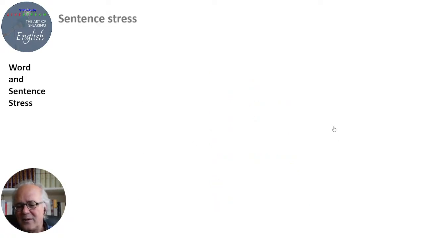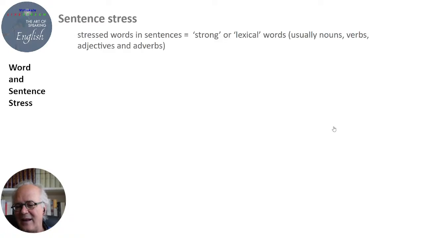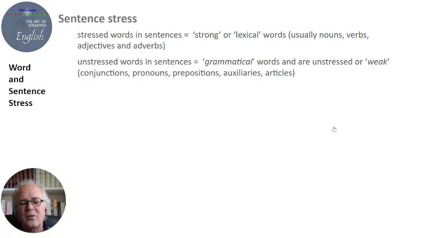So sentence stress, in any sentence, some words will carry a stress. What happens with words in a small microcosm happens in a macrocosm as a sentence. So we have strong lexical words, usually nouns, verbs, adjectives, and unstressed words, which are usually grammatical words that are unstressed or weak.